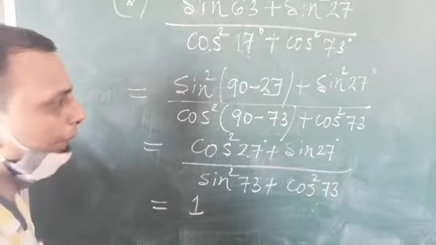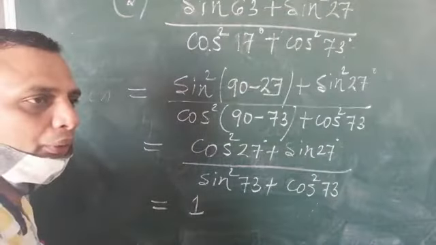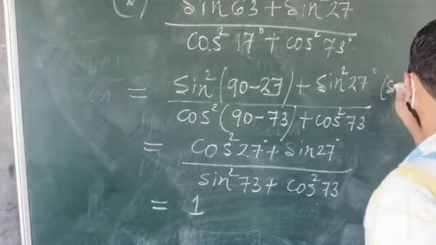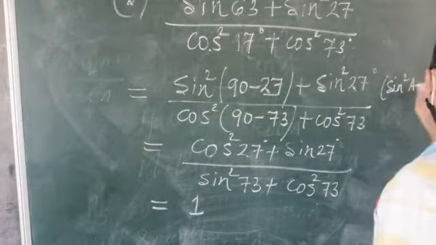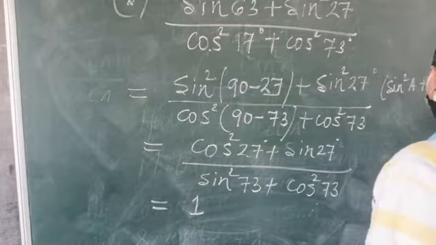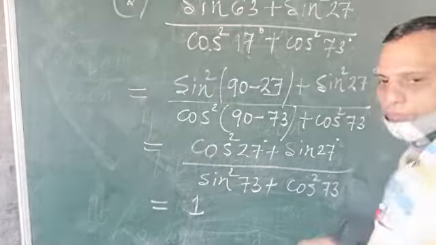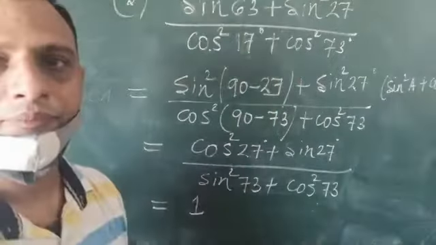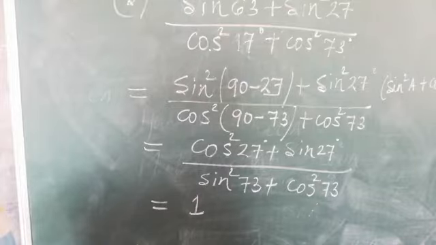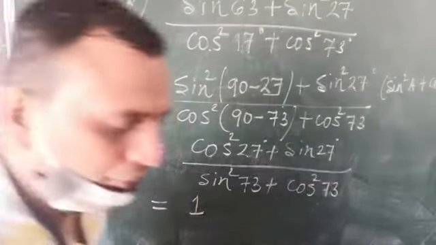Any doubt? In the bracket you can write sin square A plus cos square A equal to 1. This we are using. Any doubt? Now next question. Is it over?